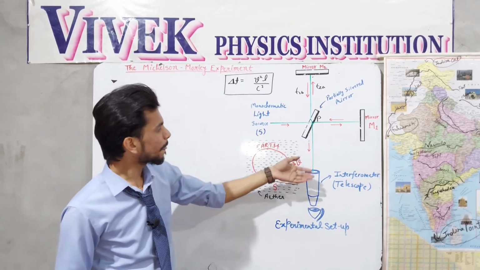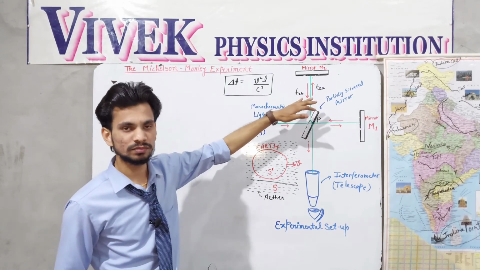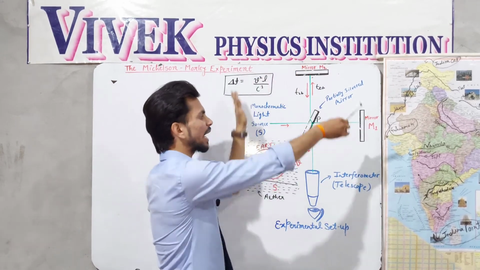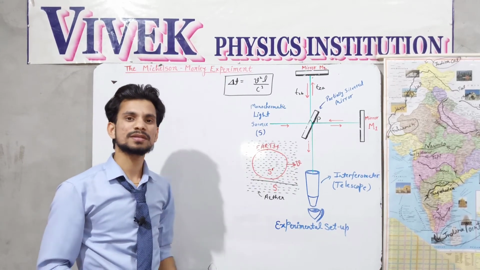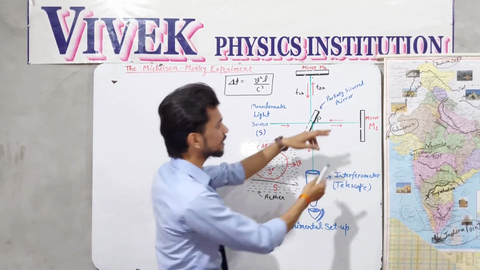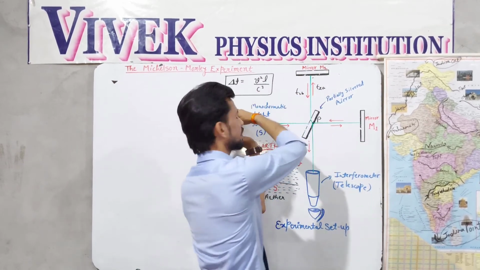Michelson and Morley did so. Now this complete setup has been rotated by 90 degrees in any direction, clockwise or anti-clockwise. What will happen? This mirror M1 will take the place of mirror M2 and mirror M2 will go here.